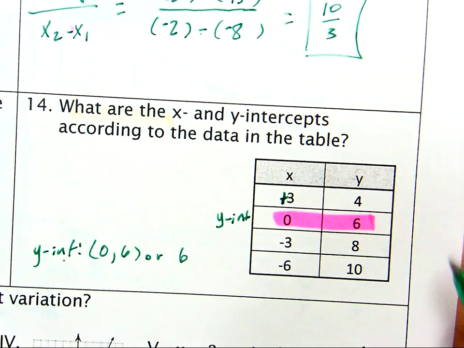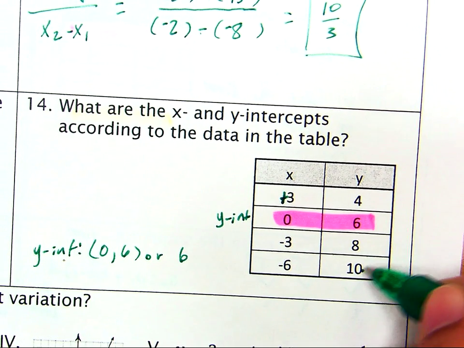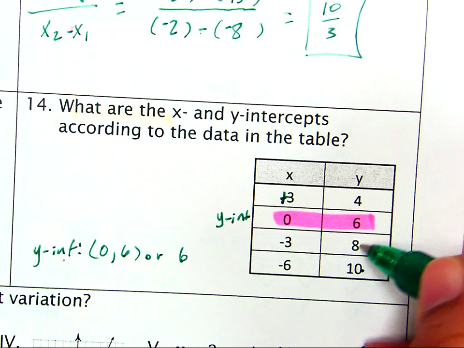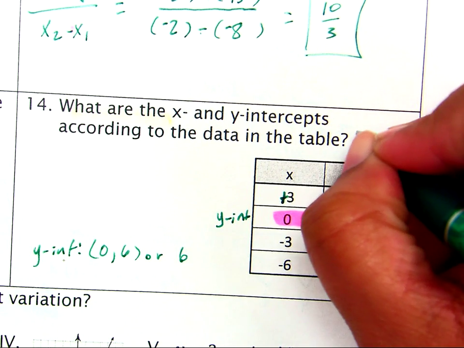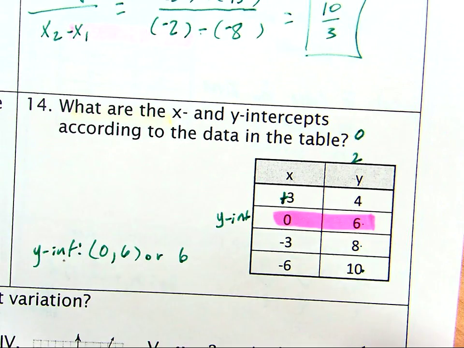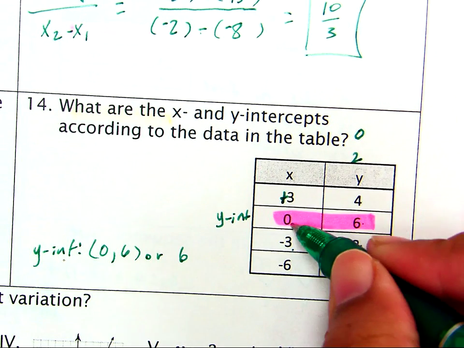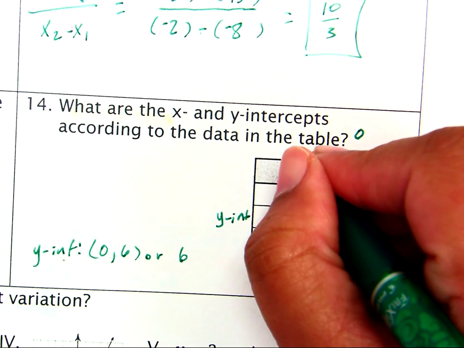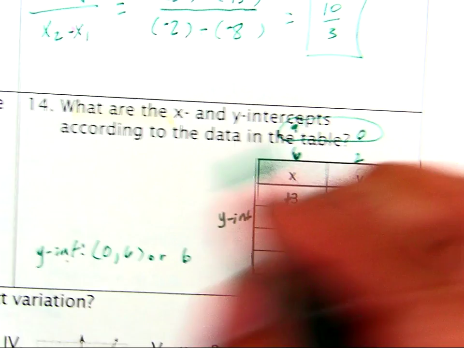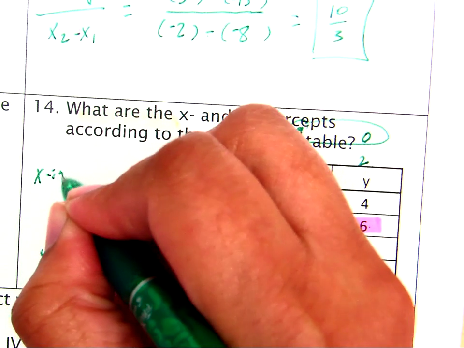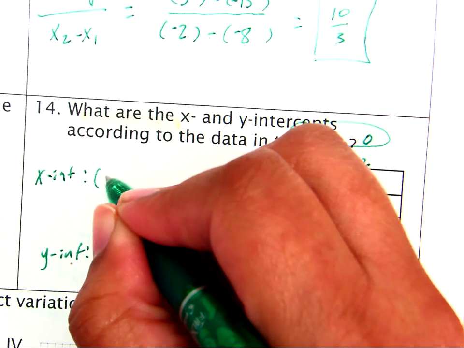Now if you look, I go from 10 to 8 to 6 to 4, which means my next number would be 2, and my next number after that would be 0. These numbers go up by 3, so that means that this would be 6 and this would be 9. So there's my x-intercept. My x-intercept is 9, 0, or 9.